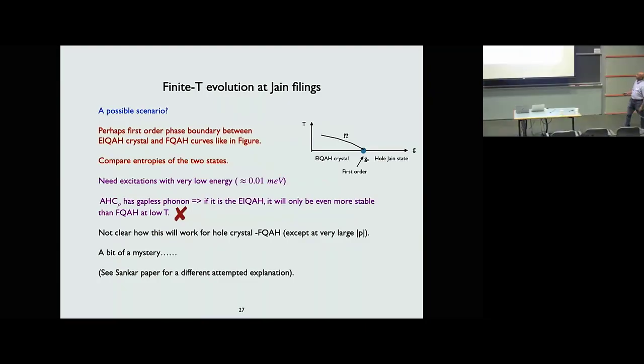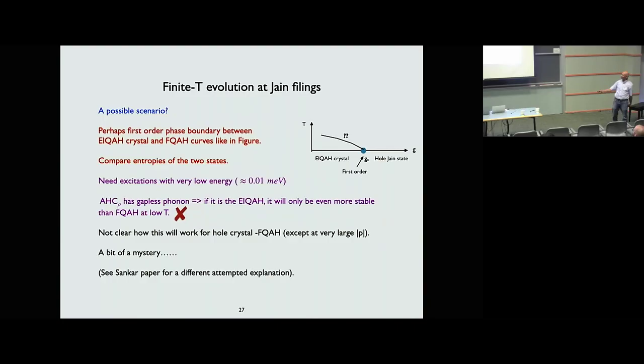So maybe the most important line is the last line. Okay, the last two lines. You gave the right answer, A+. One of the other main points about this slide is that the second candidate, whose properties I didn't have time to talk about, AHC rho, within this picture that maybe this first order transition curves to the integer side, that candidate is very hard to sustain because that will have a gapless phonon.